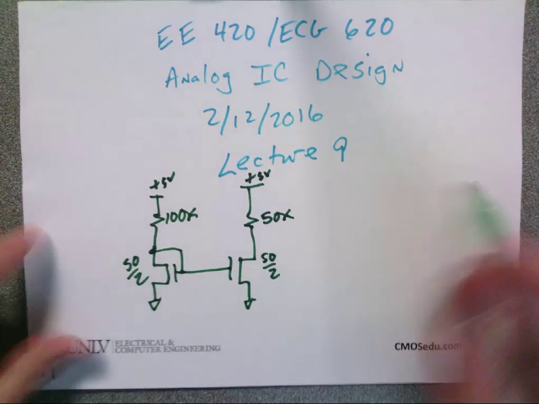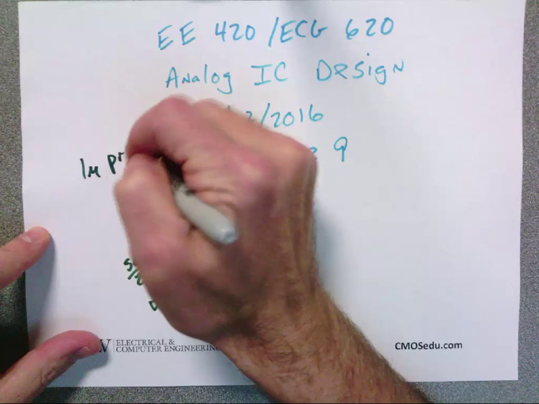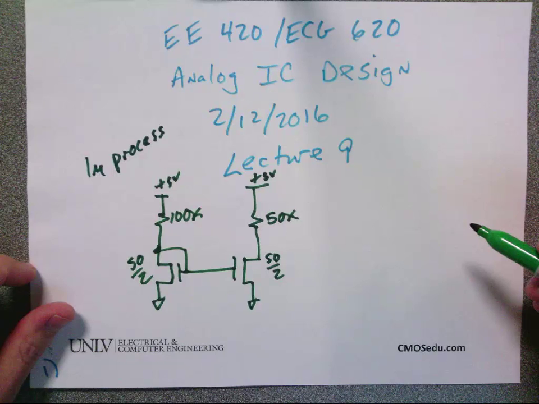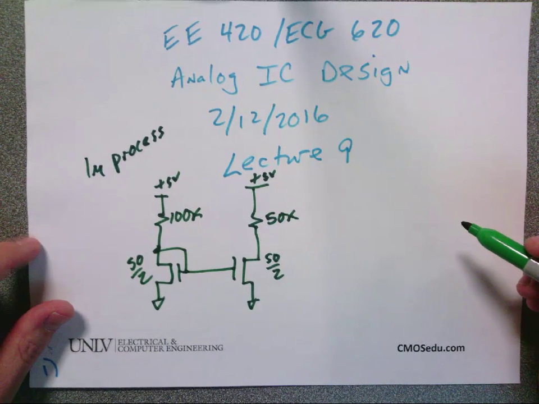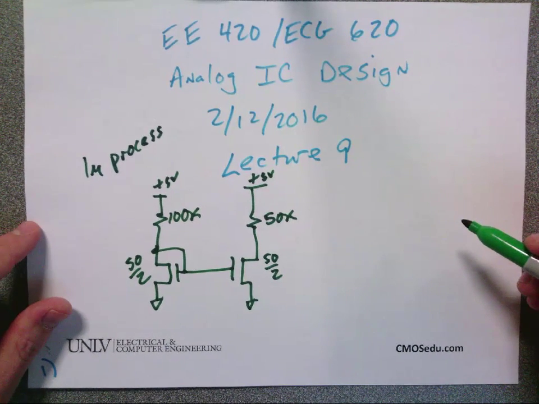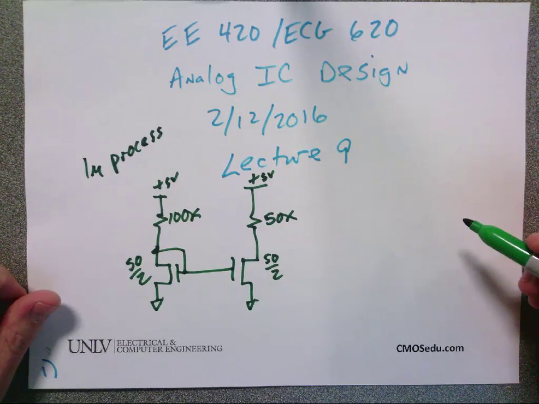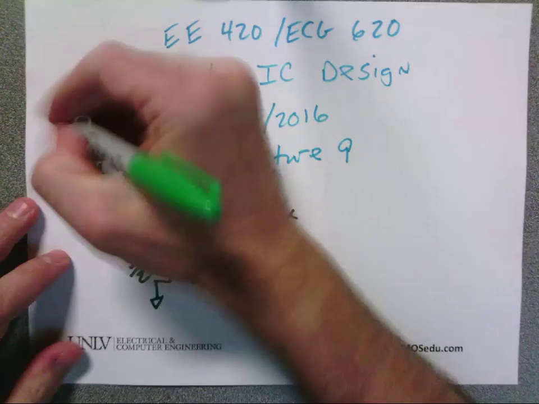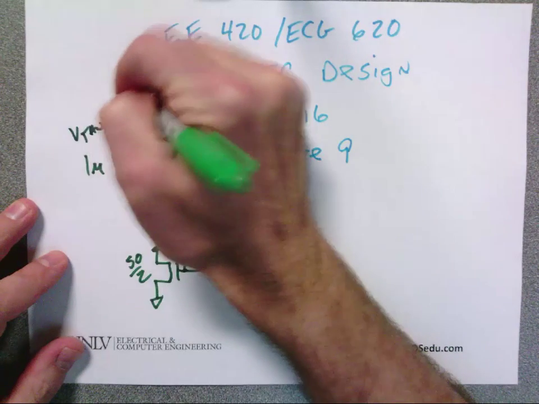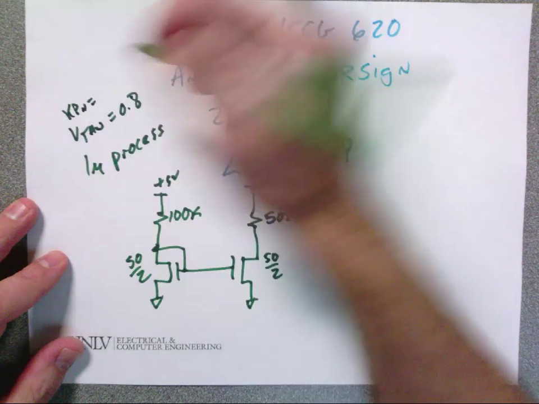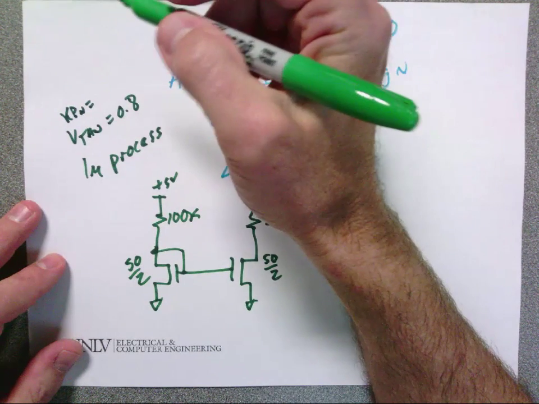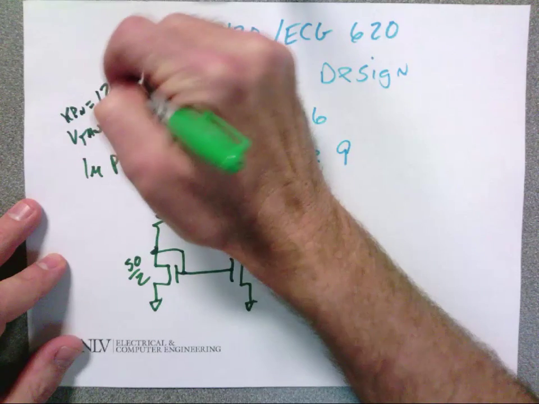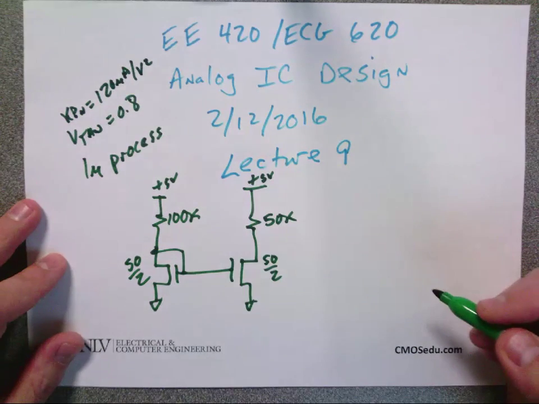Yeah, 5 volts. 1 micron process. Tell me what to do. So the 1 micron process, let's just write down some simple stuff. Threshold voltage 0.8, Kp sub n is... So tell me what to do.